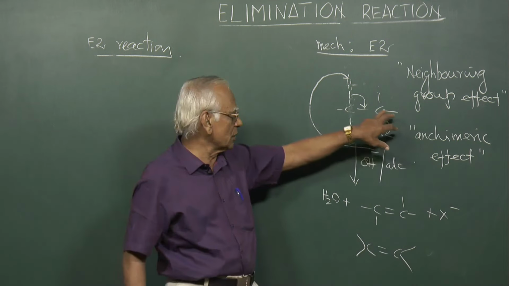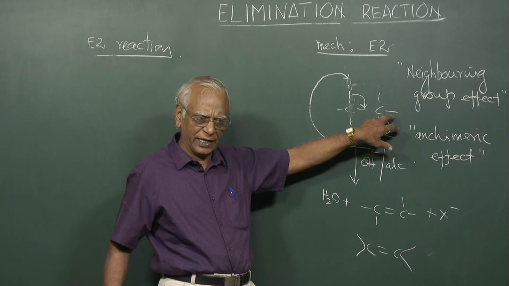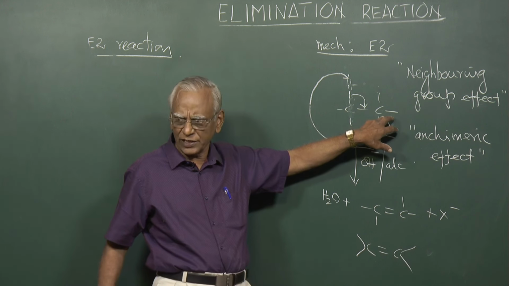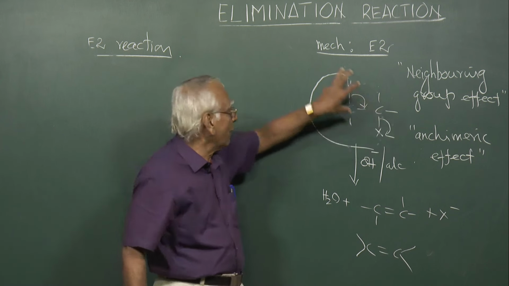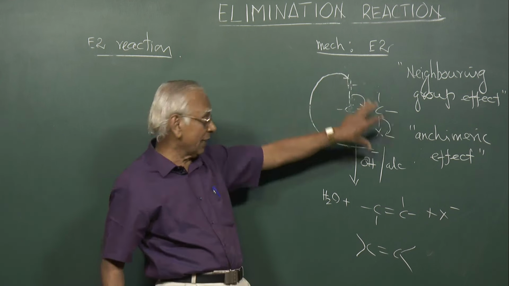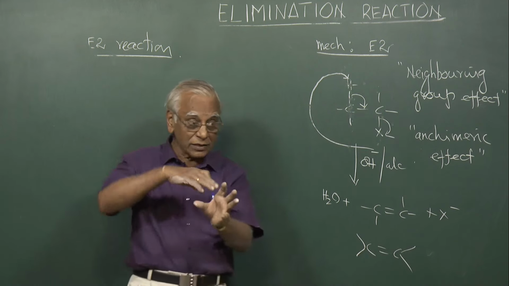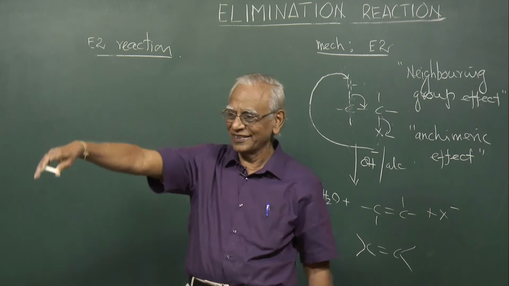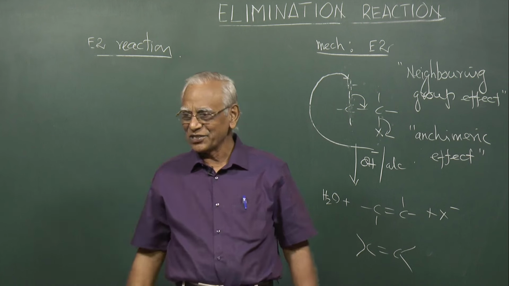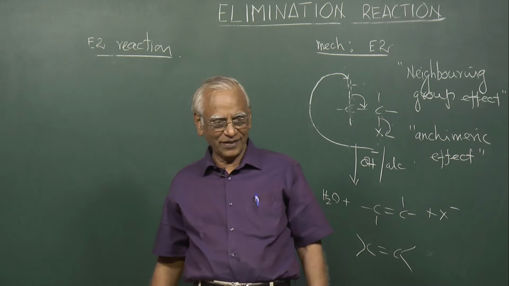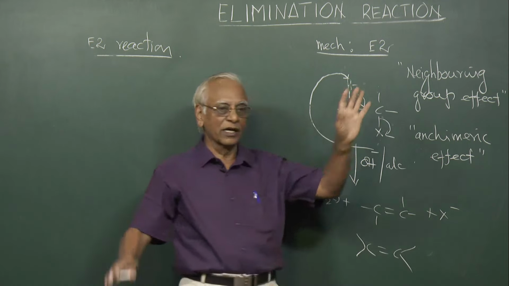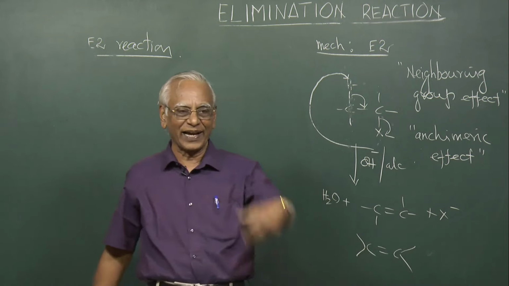When the halogen goes out, are you not going to propose a carbocation here? Yes. Now that is going to be the E1 mechanism. When this is very weak compared to the carbon-halogen bond, it allows the hydrogen to go out as H plus ion, giving a carbanion. So with a carbanion intermediate, what is the mechanism? E1CB mechanism. And when they are more or less equivalent, moderate, then it is the E2 mechanism, simultaneous.